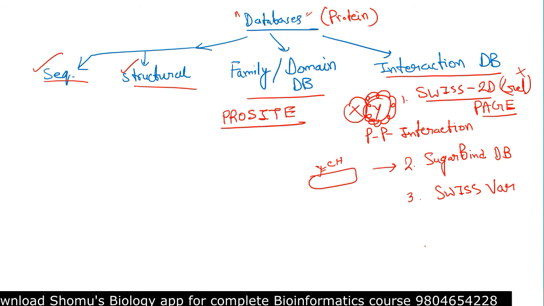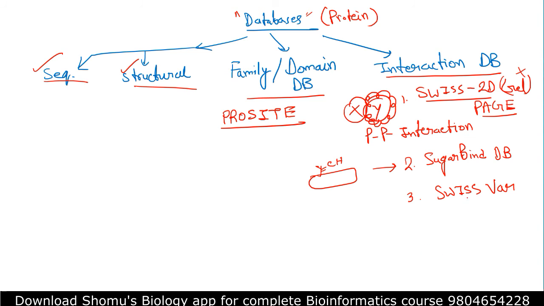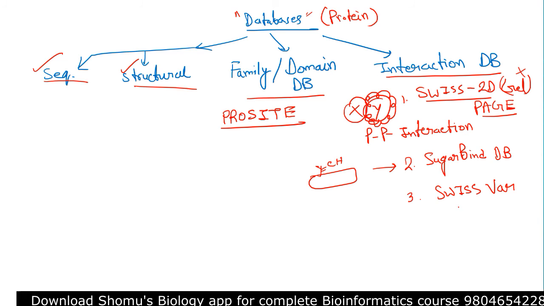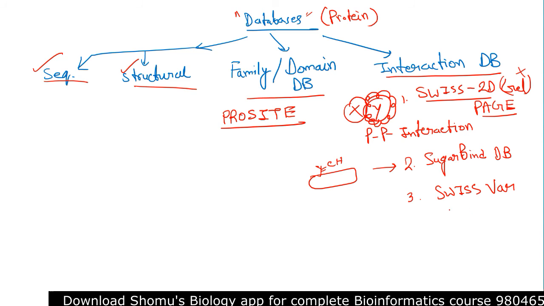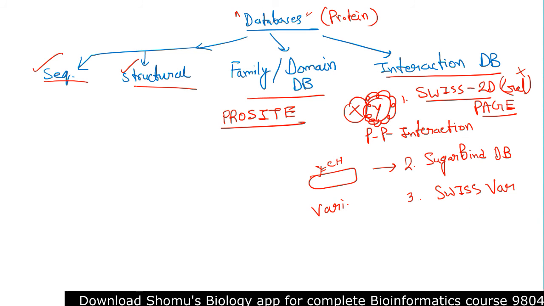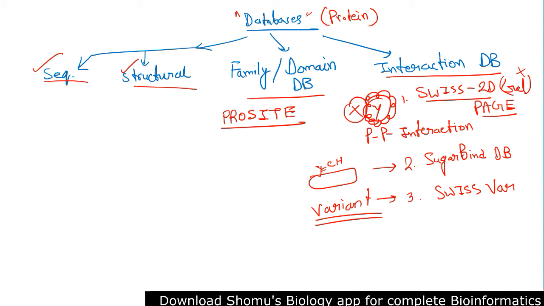And SwissVar is a variant of Swiss-Prot entries and summarizes all the information related to a particular variant. The variant idea is important for pathogens like infection-causing viruses or bacteria, because different variants have small changes in their protein structures and surfaces. That information is stored in SwissVar.